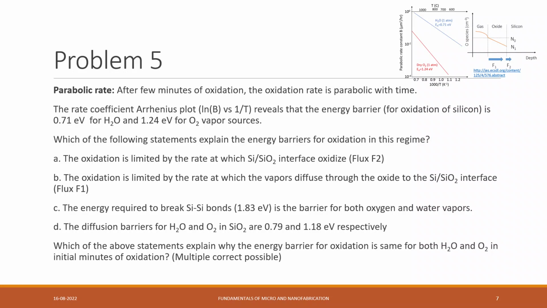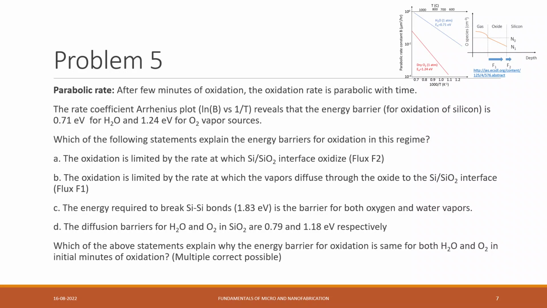So with this question, as we discussed previously, the first statement is the oxidation is limited by the rate at which the silicon oxide interface oxidizes. We have to understand that after a few minutes of oxidation, the layer of silicon oxide has grown. Now the oxygen has to diffuse through the silicon oxide and reach the silicon oxide interface.